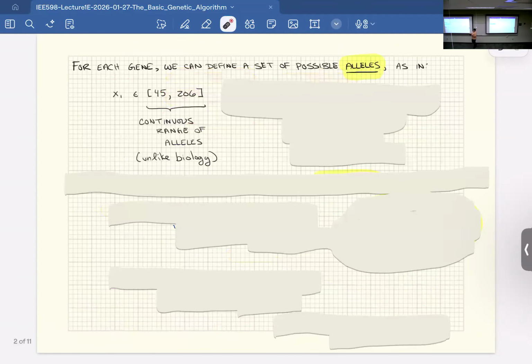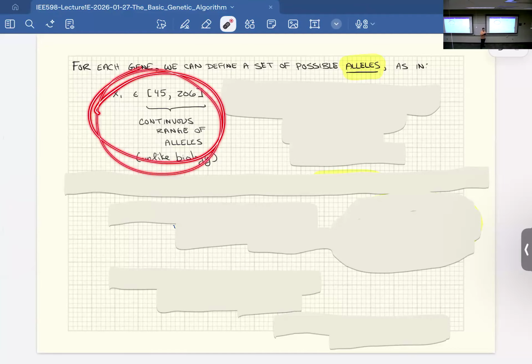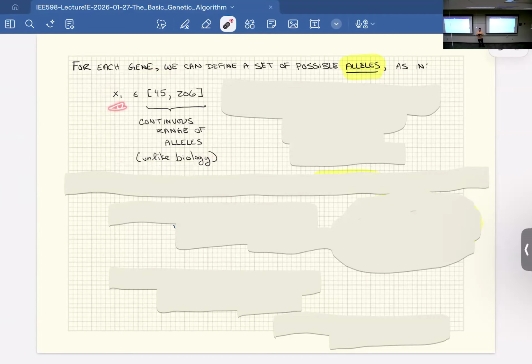So for each gene, we define a set of alleles. That might be this continuous range here. So it might be that for the X gene, it can take values in this entire continuous range from 45 to 206, every real number in between. It's totally fine. These are all alleles, all variations, values that could fill in here.